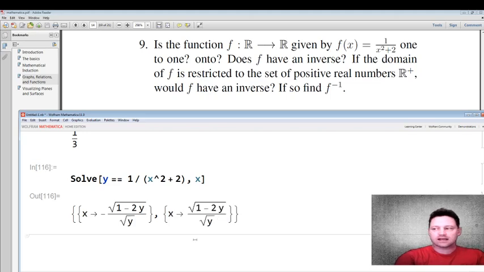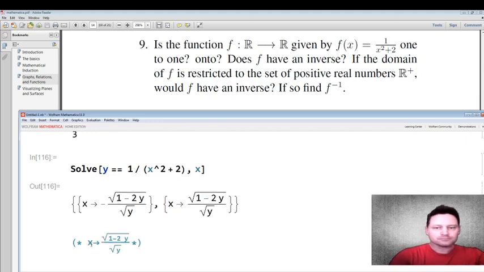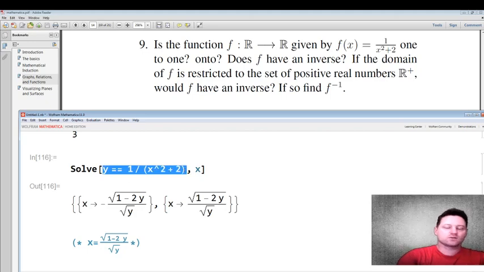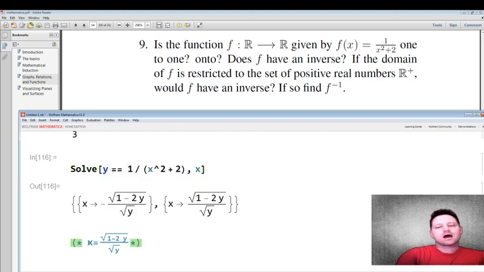I'll write this in comment form: x equals this when we solve this equation for x. Now let's turn that into an answer.